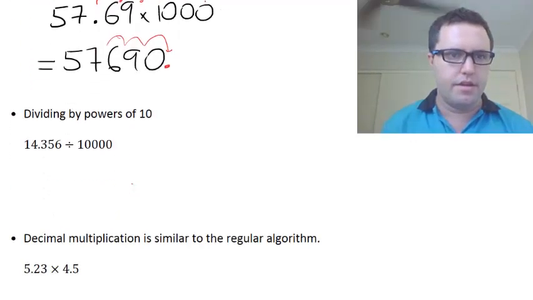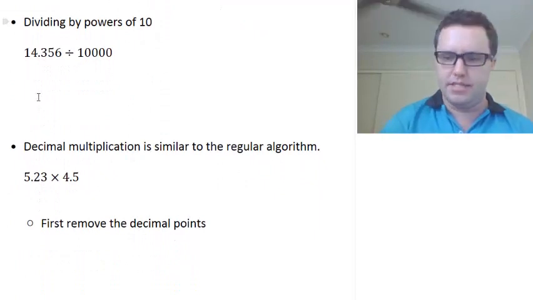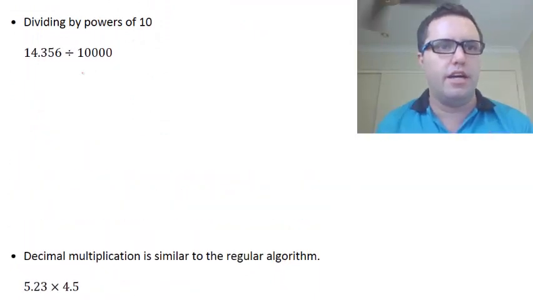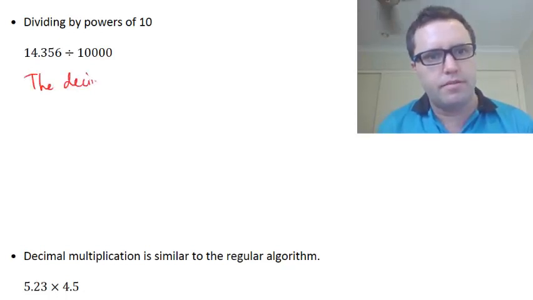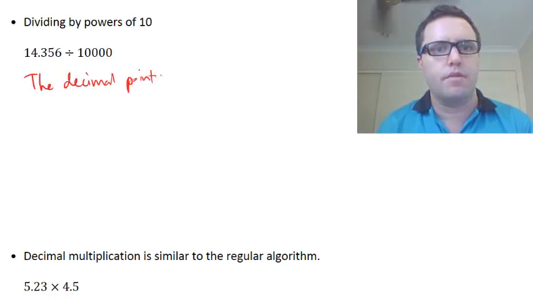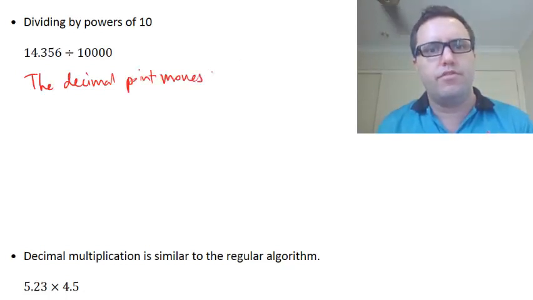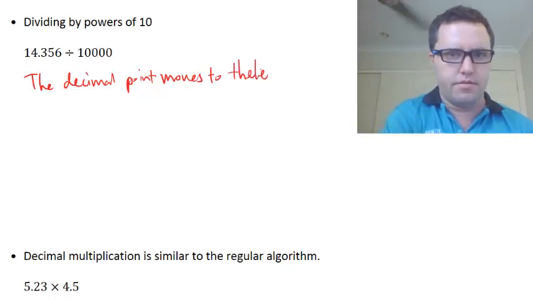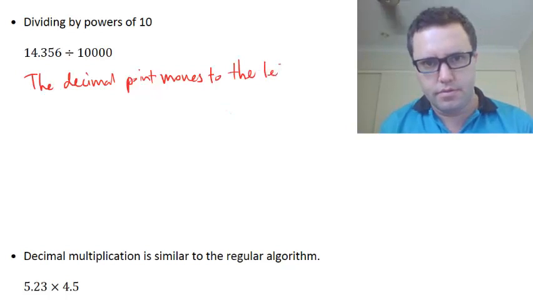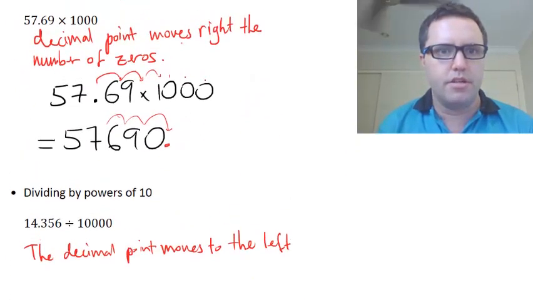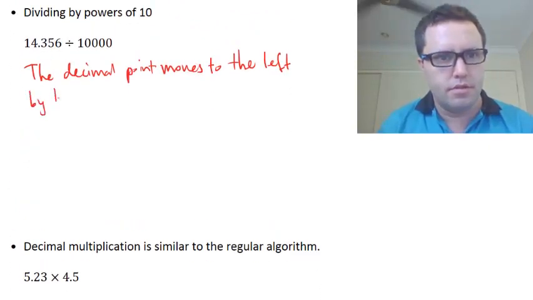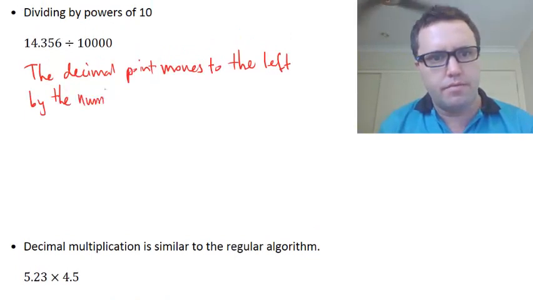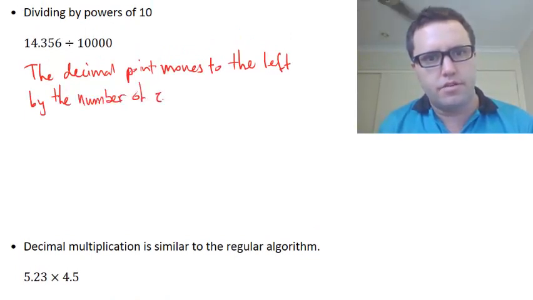Okay, we can also divide by powers of 10 in a similar fashion. As similar to above, the decimal point moves to the left by the number of zeros.